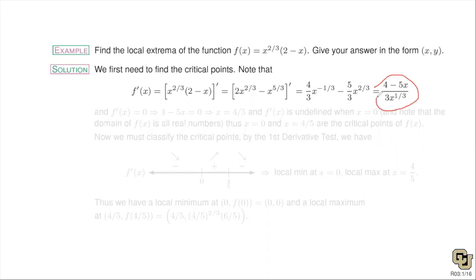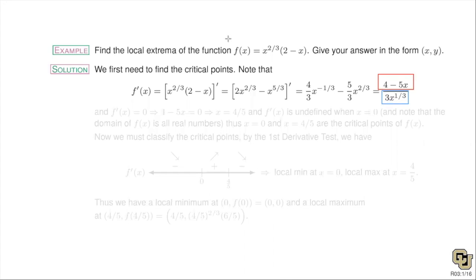And the whole reason I like to simplify it into one fraction here is I know now that this fraction will be equal to 0 when the numerator is equal to 0. And I know the numerator will equal 0 when x equals 4/5. And I know this fraction will be undefined when the denominator is 0. And we can see that the denominator will be 0 when x is 0.